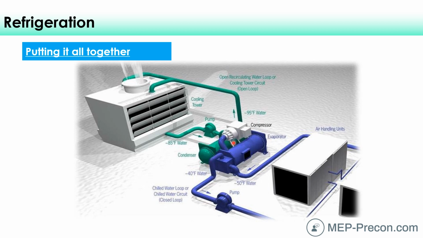And so the water is going to come in from this cooling tower at 85 degrees. And we'll talk about how this works here in just a second. But if you've seen our other video, maybe you know how that works already. It's going to come in at 85 degrees from the sump of this cooling tower, and it's going to see this warm, much hotter refrigerant, and there's heat transfer that takes place.